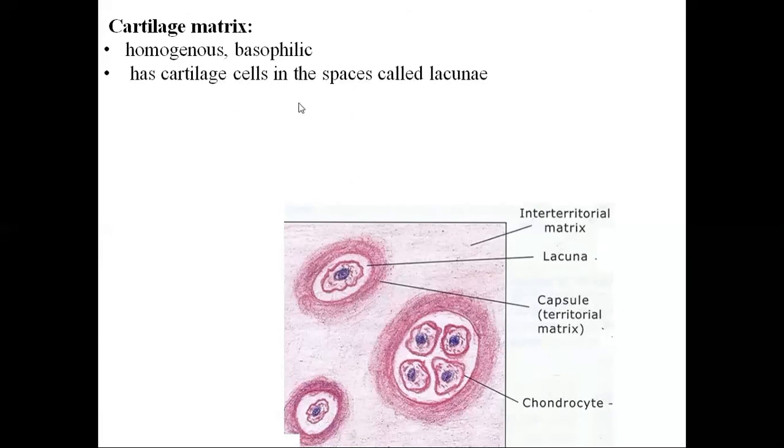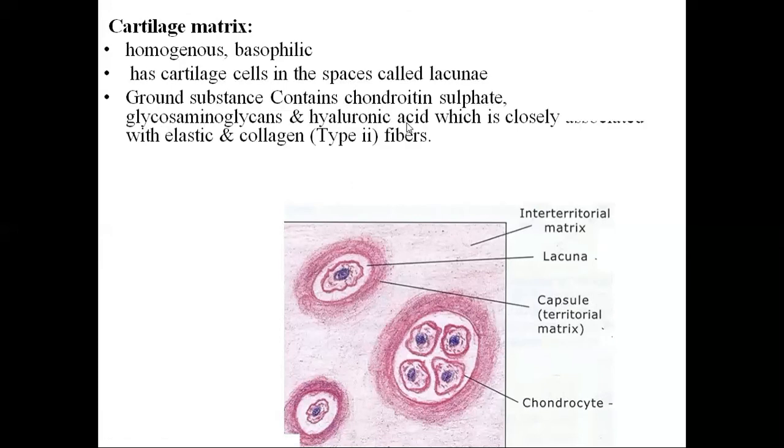Now, cartilage cells are placed in lacunae, as we discussed before. Ground substance contains chondroitin sulfate, glycosaminoglycans, hyaluronic acid, which is closely associated with some fibers, elastic fibers and collagen fibers as well.